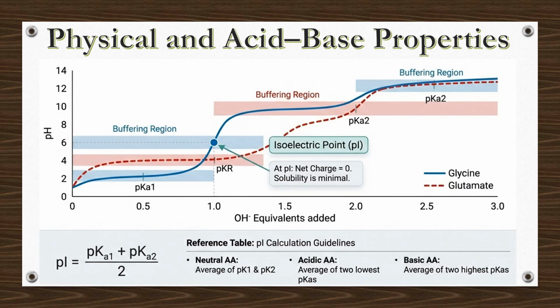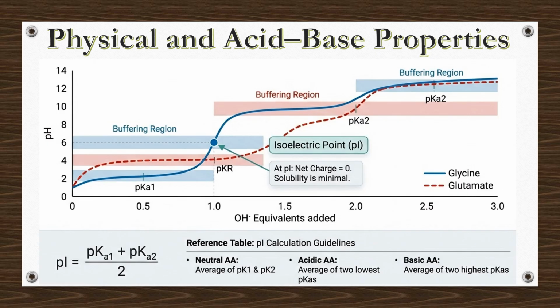Chemically, amino acids are amphoteric, meaning they can act as both acids and bases. Their carboxyl group donates protons, while the amino group accepts them, allowing amino acids to buffer changes in pH. At low pH, both groups are protonated and the molecule carries a positive charge.